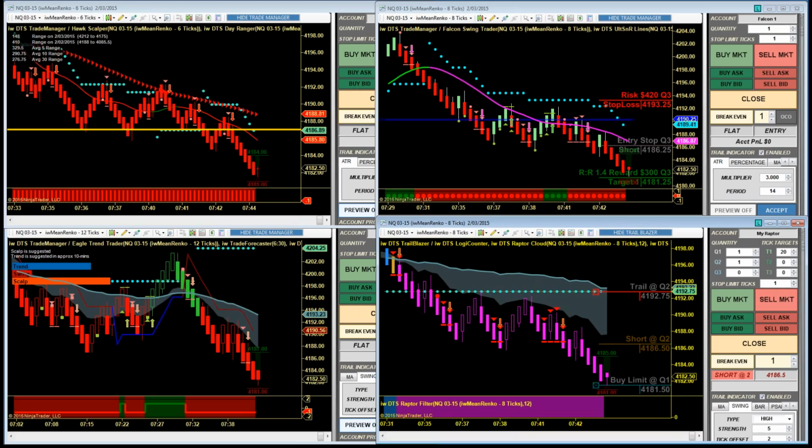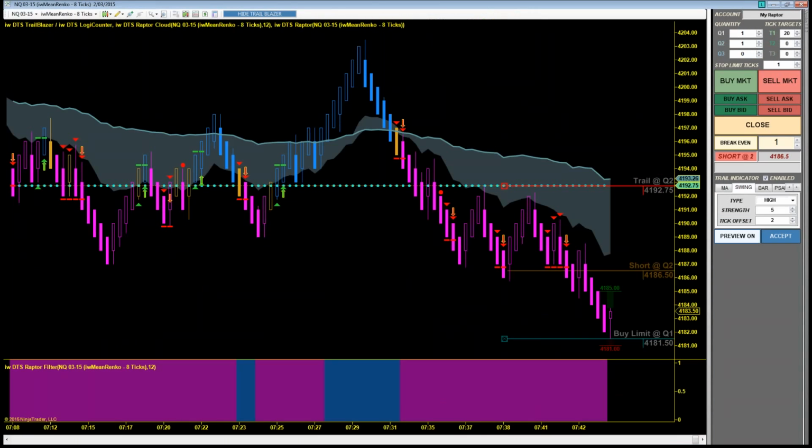After all that fighting early on, of course they're going to bounce just short of our, one tick short of our first profit target.